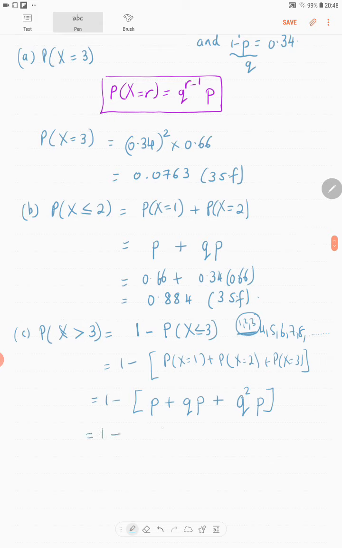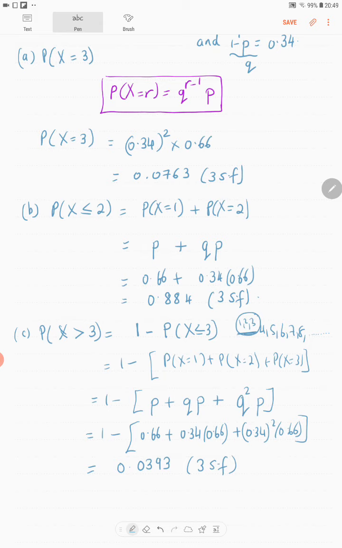Next, we replace P by 0.66 and Q by 0.34, and the answer obtained is 0.0393 to 3 significant figures.